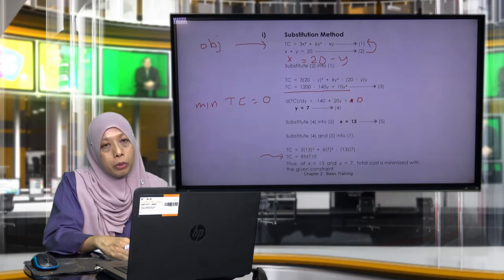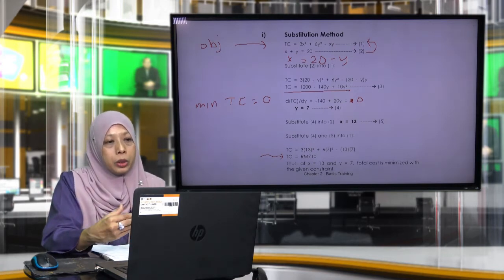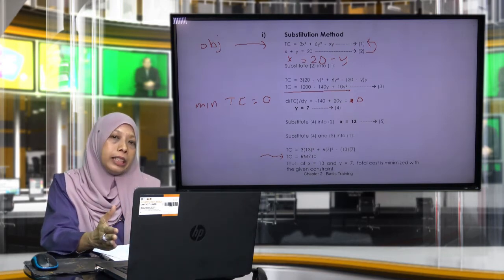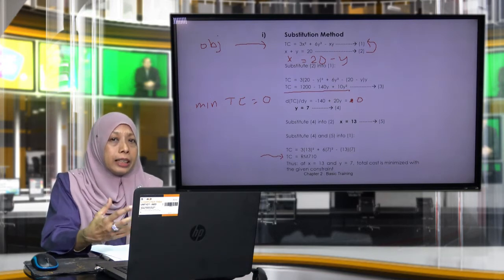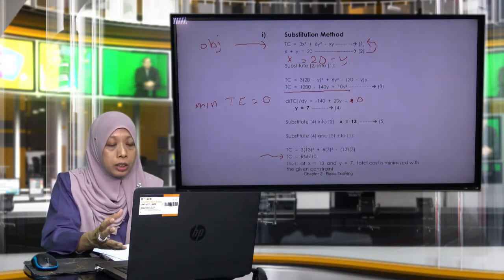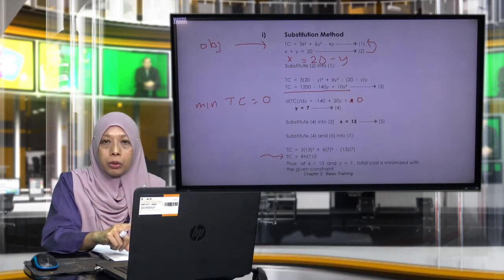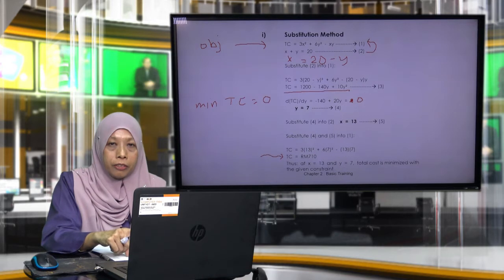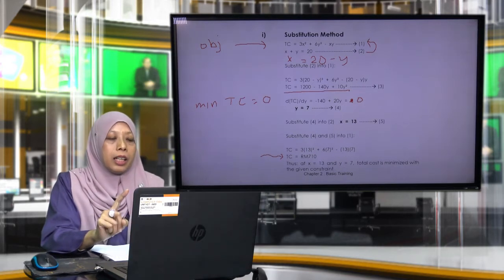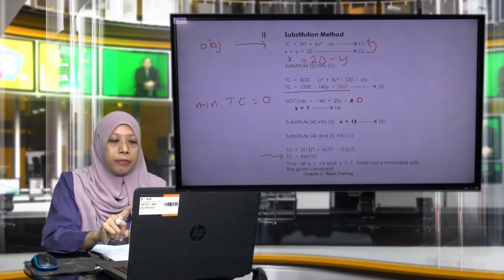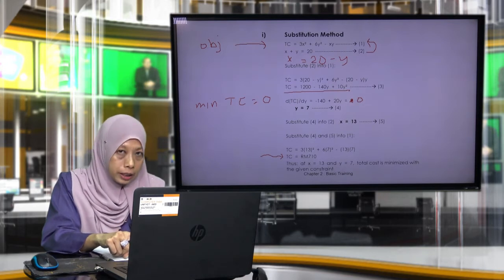What we have done today is to look at some of the important calculus techniques, particularly partial differentiation, how to solve simultaneous equations, and how to solve a quadratic function.